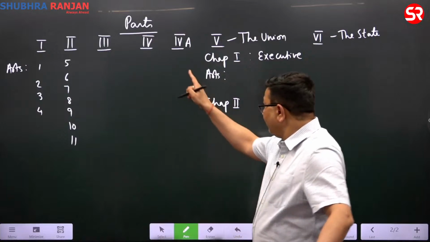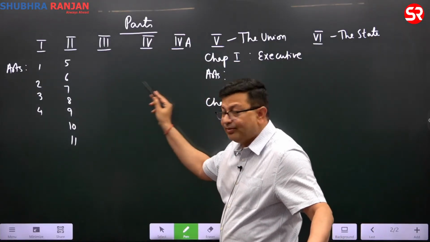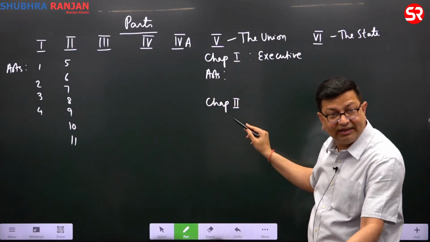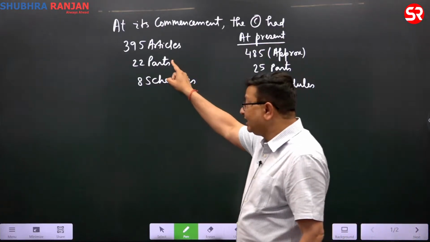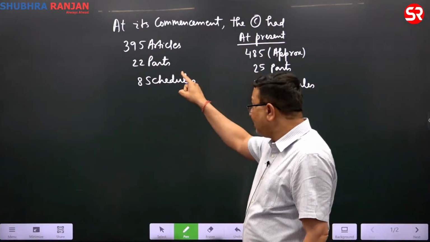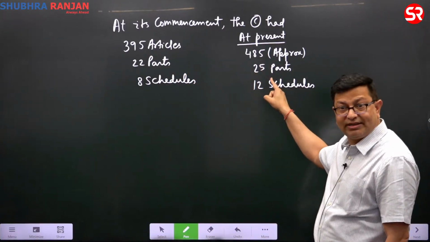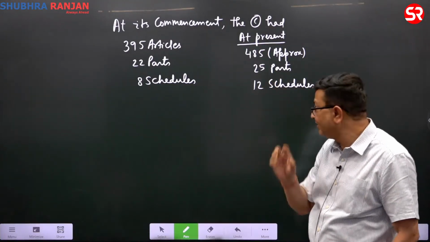So first we have the parts, then the articles, but somewhere we have the parts, then the chapters and then the articles. That is what we have written here: originally there were 22 parts and today, if we count, there are 25 parts, including the 4A and the others.